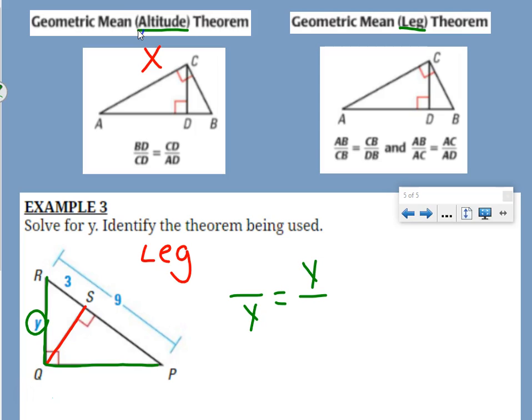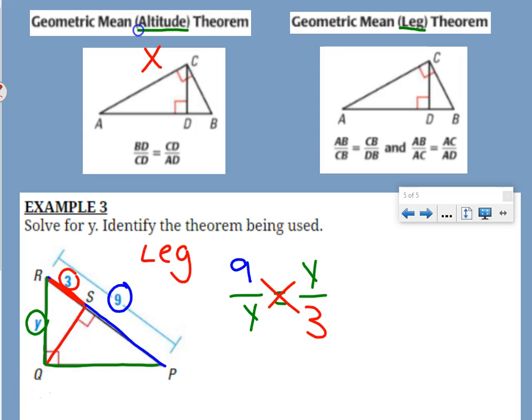Then we know it's the geometric mean to the length of the whole entire hypotenuse, which is 9, and to the length that it is adjacent to. So in the split section, it's adjacent to this 3 piece. So really in this example, it was just knowing which piece is the geometric mean, and that's our variable y.